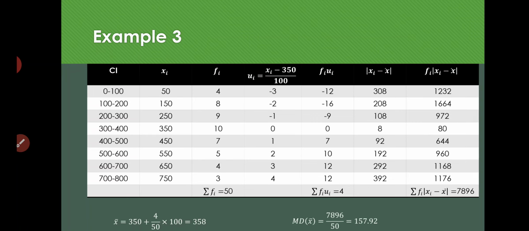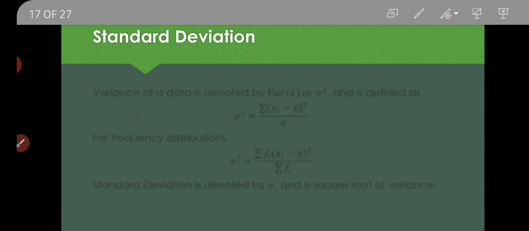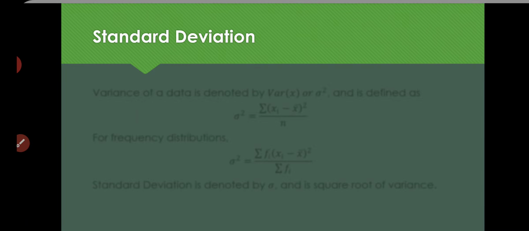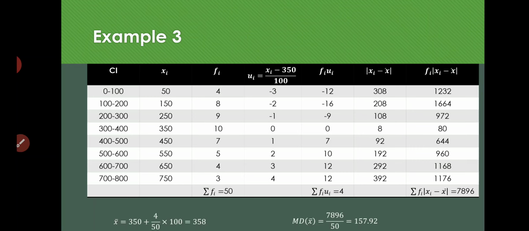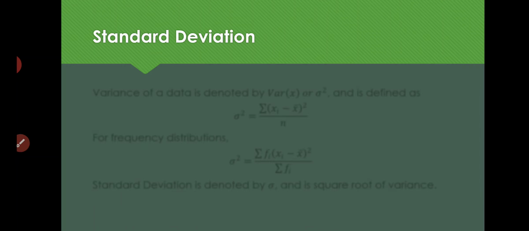Then your mean deviation will be summation of the last column divided by summation of fi, and this is your value. Fine. Let us move to the next topic, that is standard deviation.